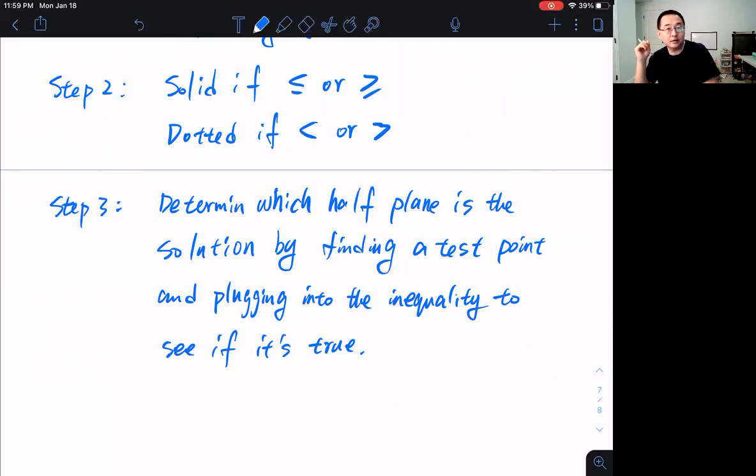Otherwise, the other side of the plane this line divides is the solution.